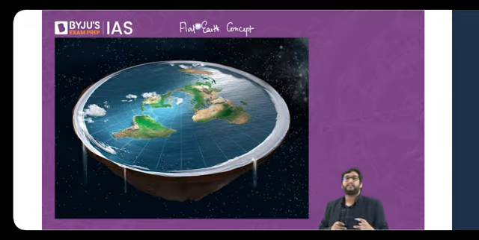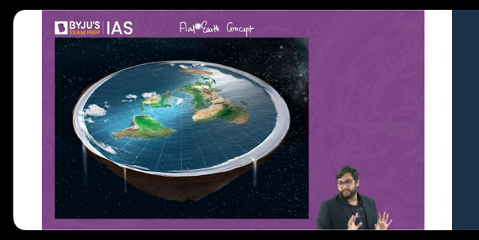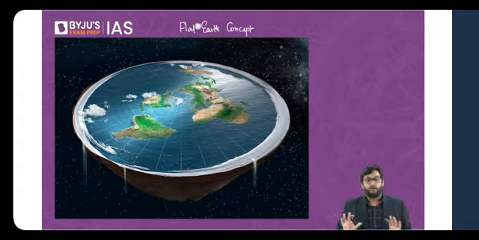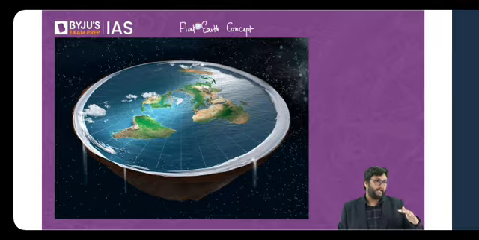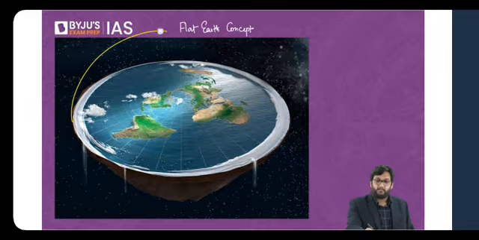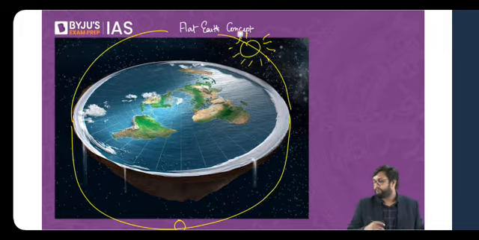So according to the church, in the 14th-15th century, the earth was not a geoid or a sphere. Rather, it was a flat earth. And according to them, the earth was basically surrounded by a dome in which the moon and the sun used to go up and down.